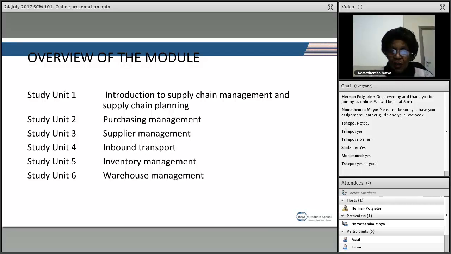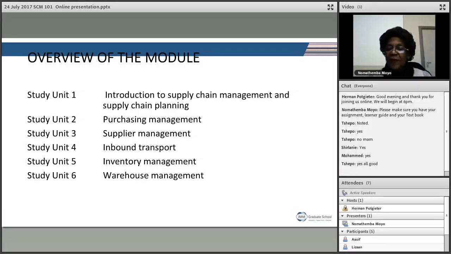Study Unit 5 talks about inventory management, which is sometimes referred to as stock management. We know we have inventory, which comprises raw materials, work in progress or work in process, which is partly finished goods, and finished goods.